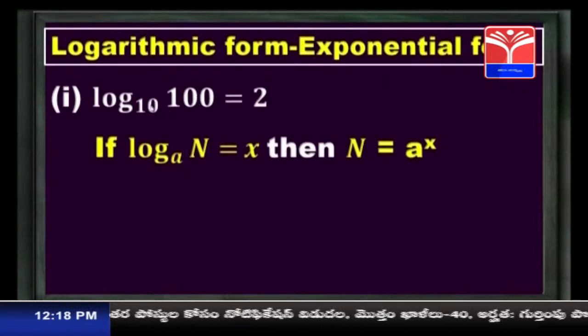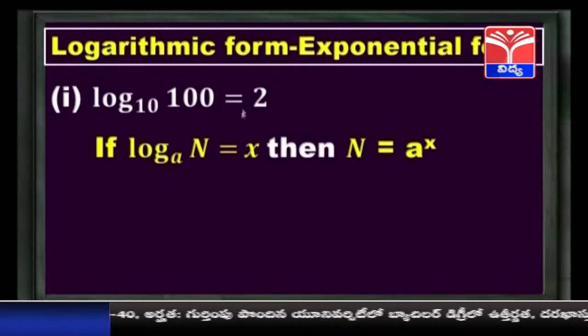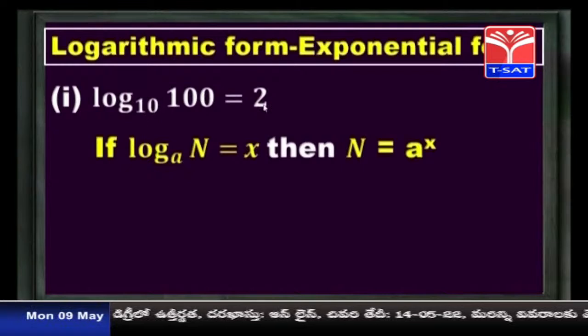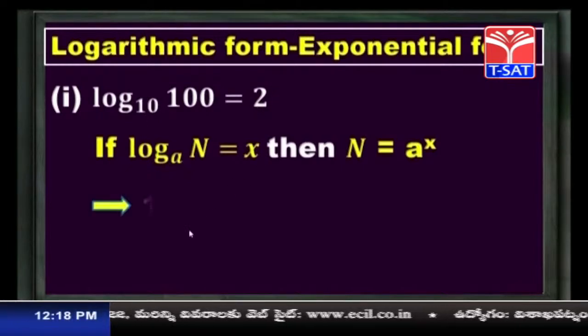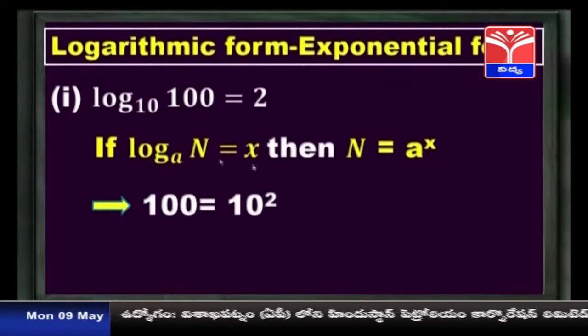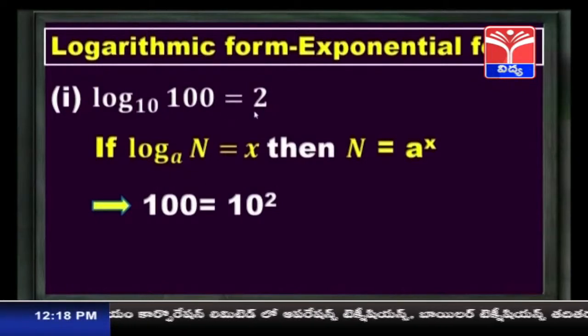If you observe log 100 to the base 10 is equal to 2, now I should write 100 is equal to this base 10 with power 2, that means 100 is equal to 10 square. This is the exponential form of log 100 to the base 10 is equal to 2.